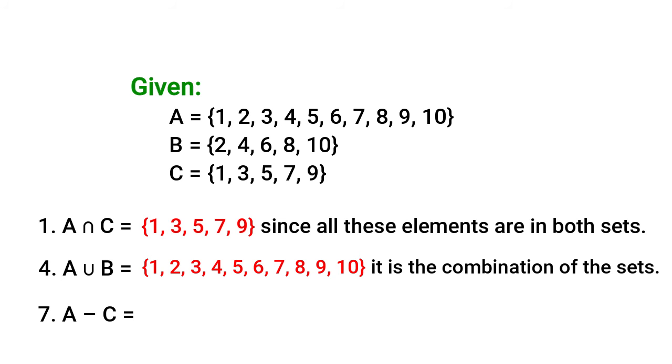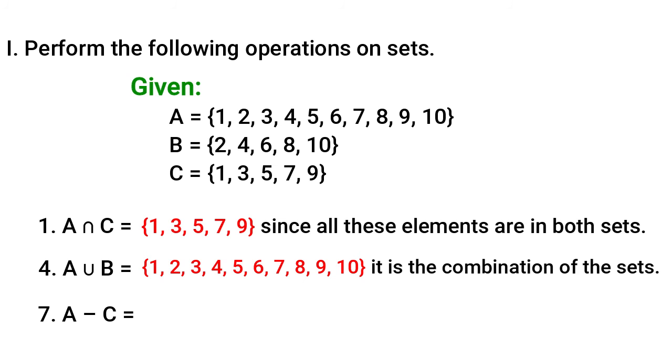Number 4, B union C is equal to {1, 2, 3, 4, 5, 6, 7, 8, 9, 10}. It is a combination of the sets.